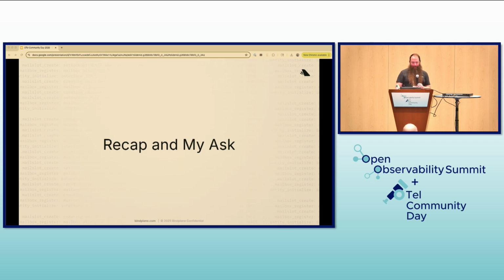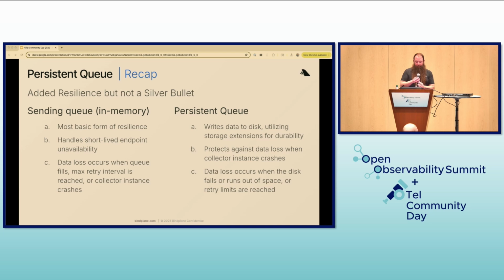Real quick recap and my ask of you all. So I think at this point, it hopefully is pretty clear why this is important, and this has given you a better sense of how to get started, or at least where to look for more information around all of this. Our sending queue is a great start, but it's the most basic form of resiliency here. And I would say the even more important takeaway here is the persistent queue is not a silver bullet.